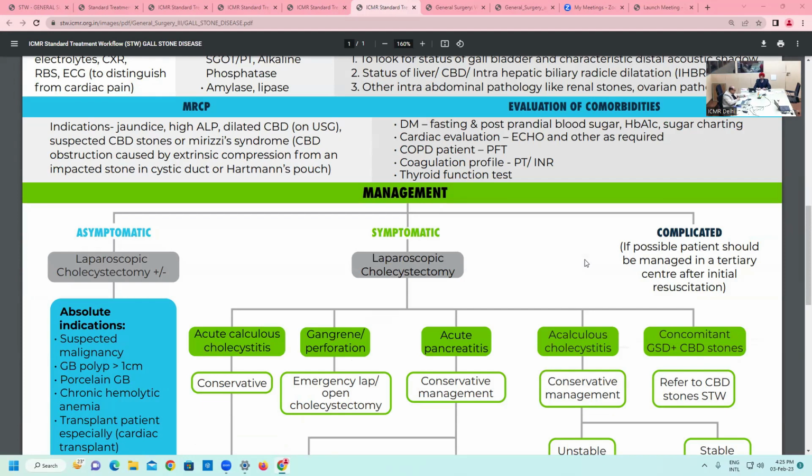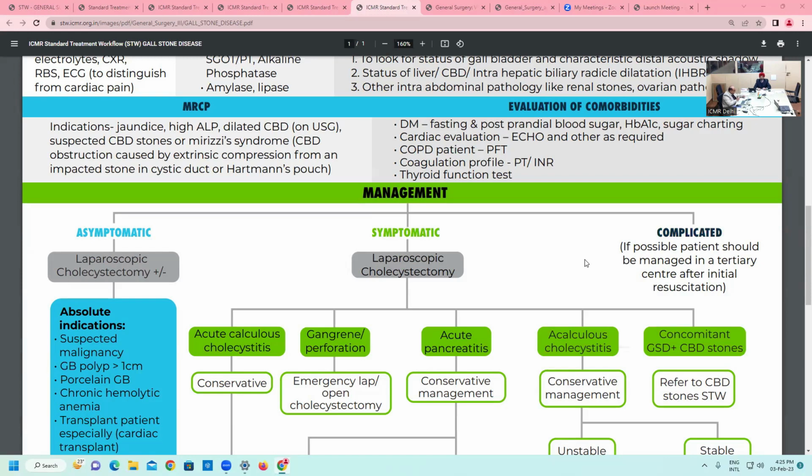Patients who have chest complications need pulmonary function tests, because these patients are going to be taken up under general anesthesia, so good chest compliance is very necessary. If patients have obstructive jaundice or some other problems, then their coagulogram may be deranged, so we need to check them so that we can correct them before the surgery. And in some patients, we need to do the thyroid function test.